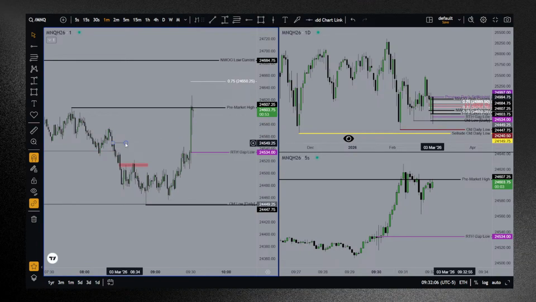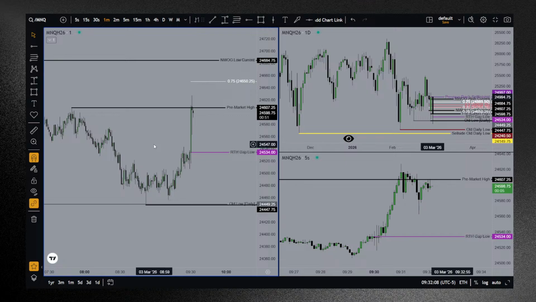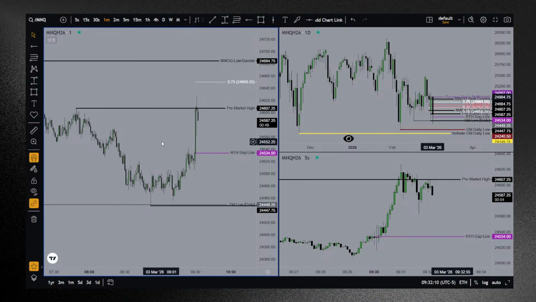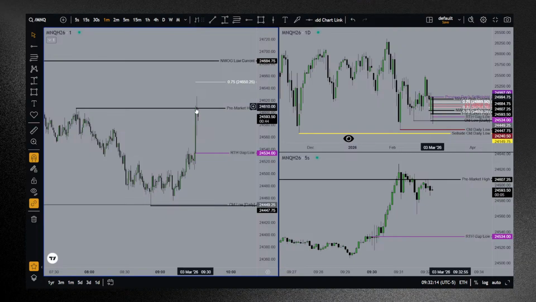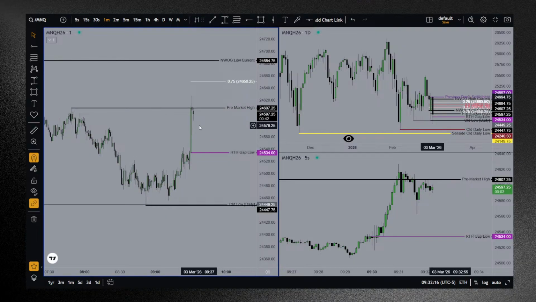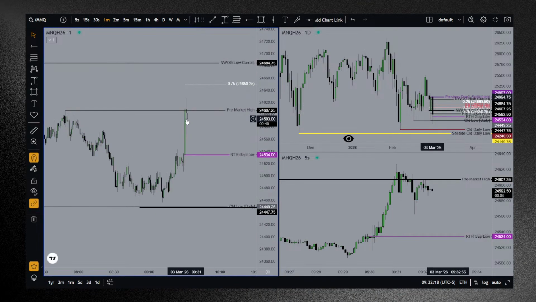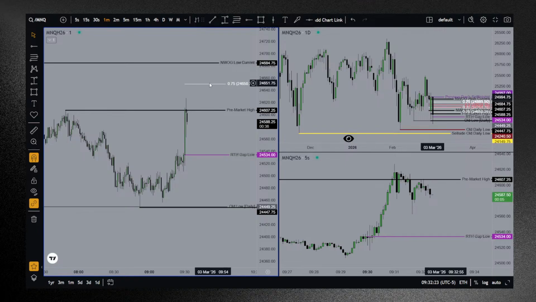So I can take these off. Now it's very clean. So buy side liquidity above the pre-market was taken initially. Yet I want to see if it wants to touch or trade towards the lower quadrant.